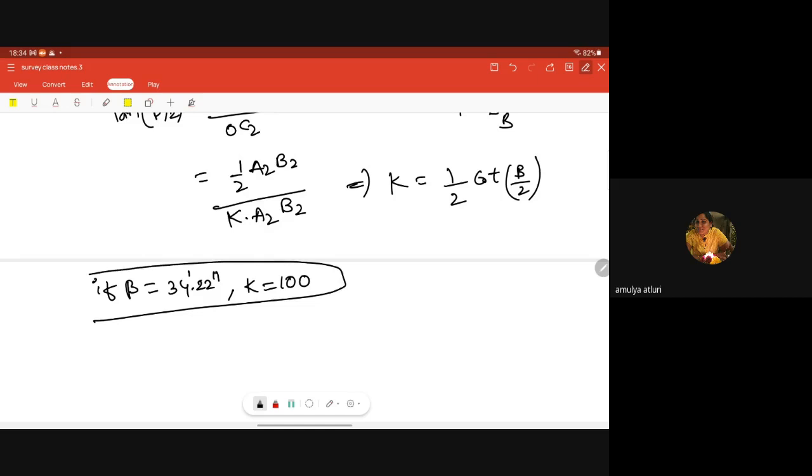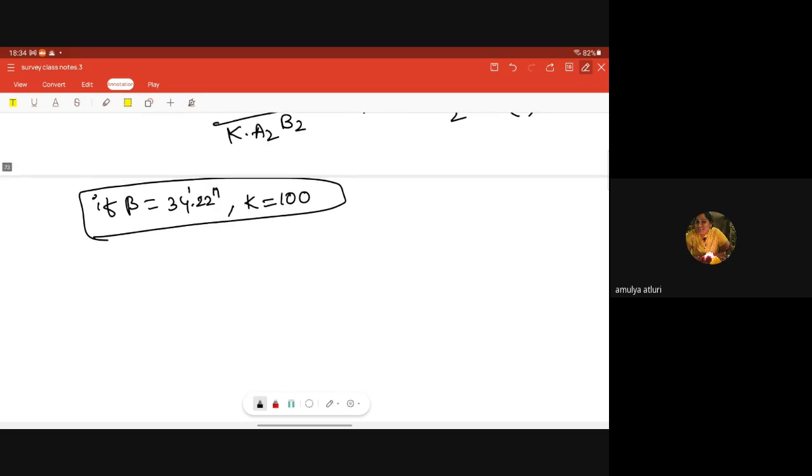Okay. If my beta is like that, then K, the constant value, is 100. Next, when my line of sight is horizontal, then the horizontal distance when we are using the stadia method is D equal to Ks plus C.